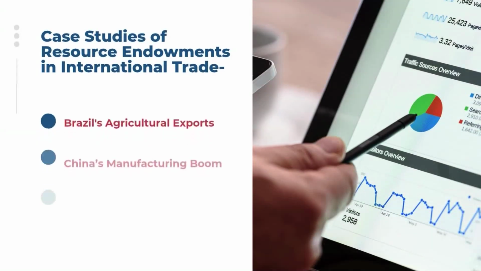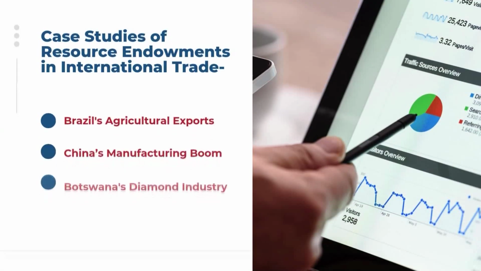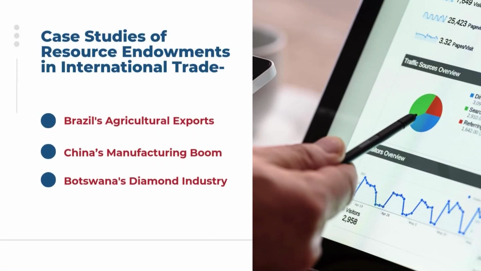Similarly, you can give the example of China's manufacturing boom. China's abundant labor force combined with investment in infrastructure and technology has allowed it to become a manufacturing powerhouse, exporting electronics, machinery, and consumer goods worldwide. Similarly, we can give the example of Botswana's diamond industry.